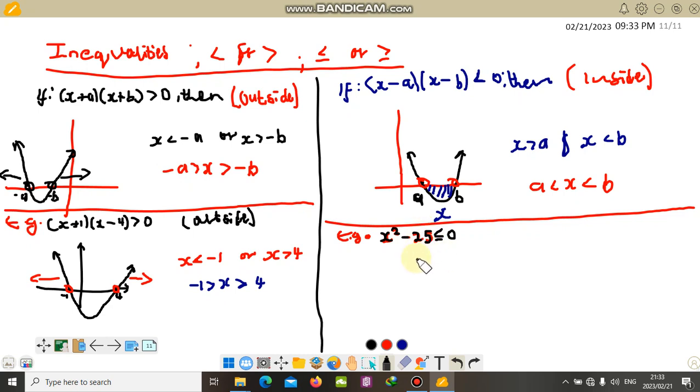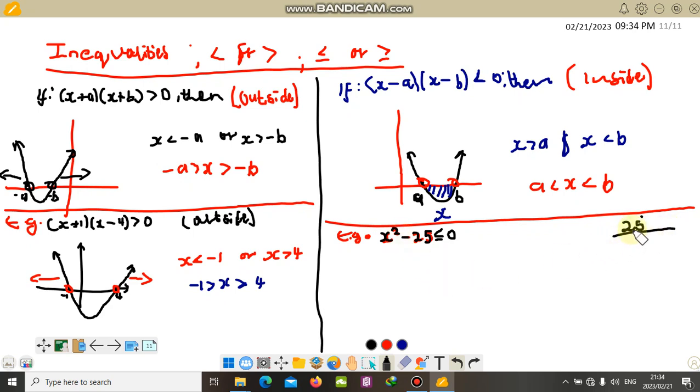So here we need to factorize this. This is ax squared, b is 0, and this is c, because we don't see bx here. So c is 25, and we do not have b.